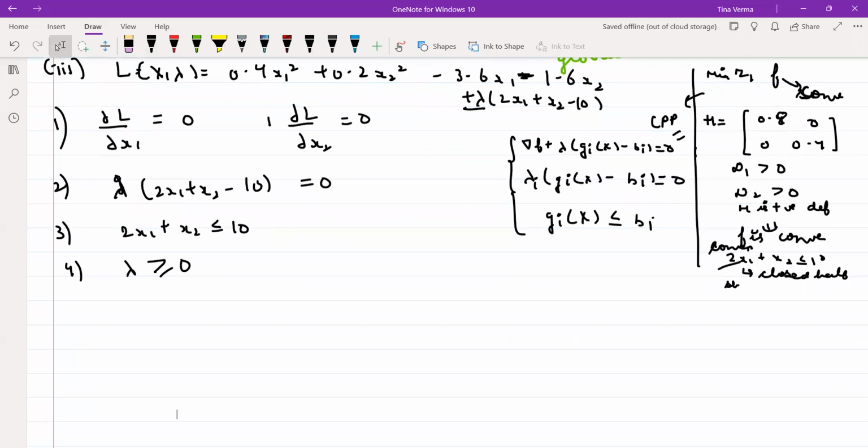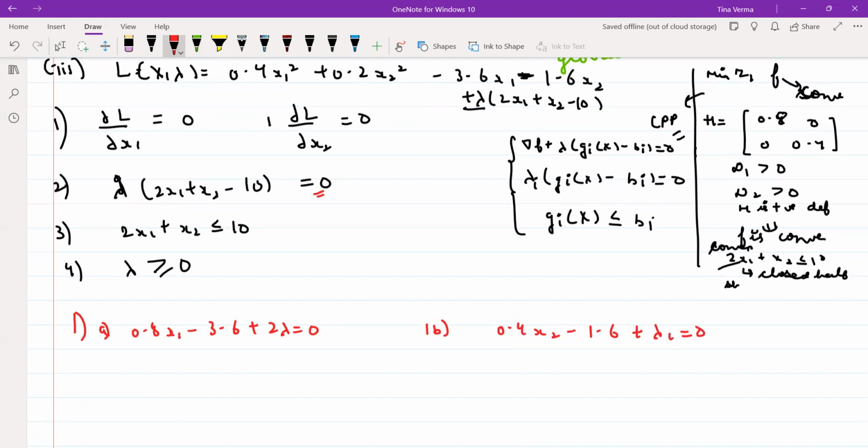So whenever you take curl L by curl x1 equal to 0, the first condition, 1a, was 0.8 x1 minus 3.6 plus 2 lambda equal to 0. And 1b, curl L by curl x2 equal to 0, is 0.4 x2 minus 1.6 plus lambda equal to 0.